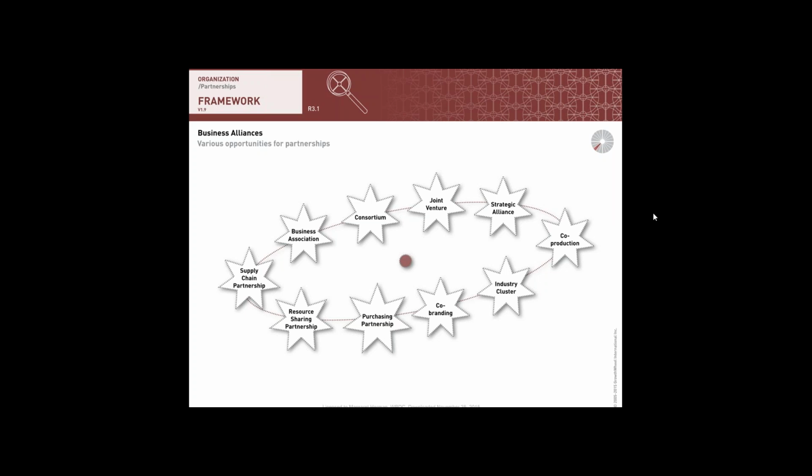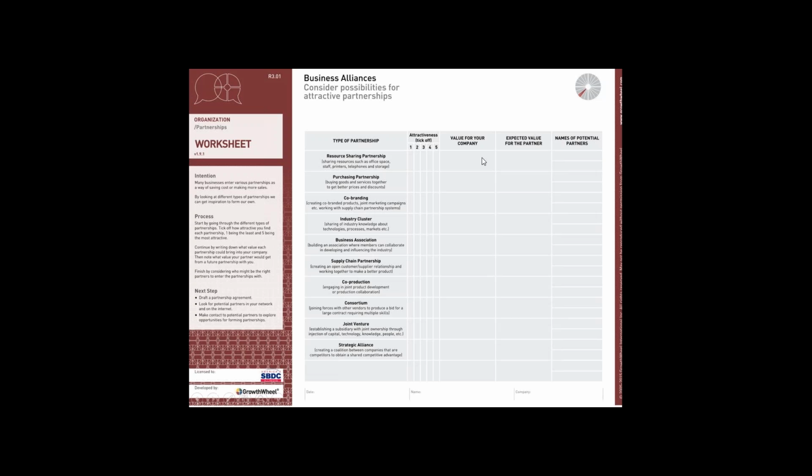We will see that on our next sheet, which is actually a checklist or a tool of the ways you can think about business alliances. Remember, here's the big mega reason why you do this: what are the partnerships that will work best for you?